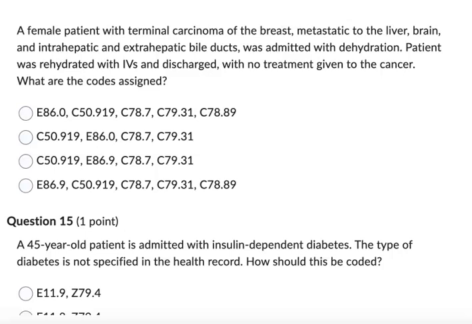And so when you see that, after you eliminate the answer choices that do not belong at all, that can help you narrow down. Now, when you're seeing this sequencing, you really want to look at your scenario and ask yourself, is there a coding guideline that applies? So that's my third area.